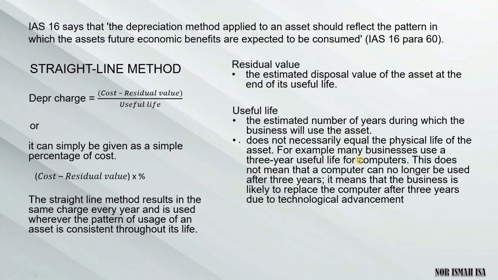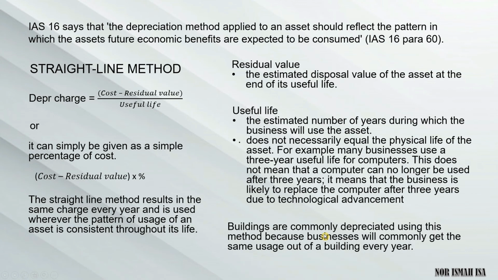For example, many businesses use a 3-year useful life for computers. Let's say the company estimates that the useful life of the computer is 3 years. After 3 years, it doesn't mean that the computer cannot be used. It still can be used, but it may be replaced due to technological advancement.